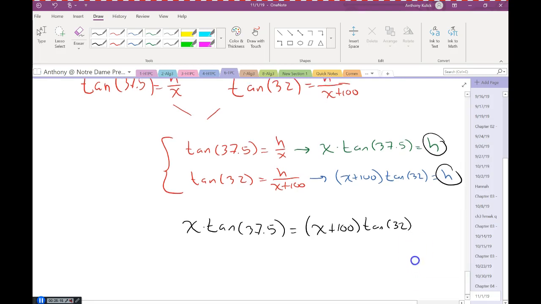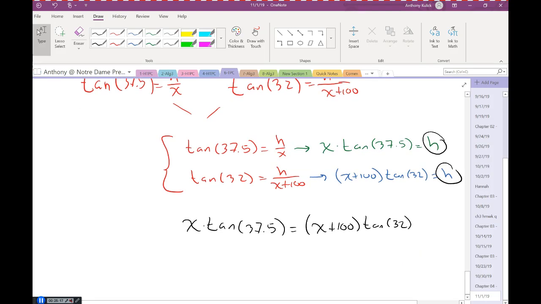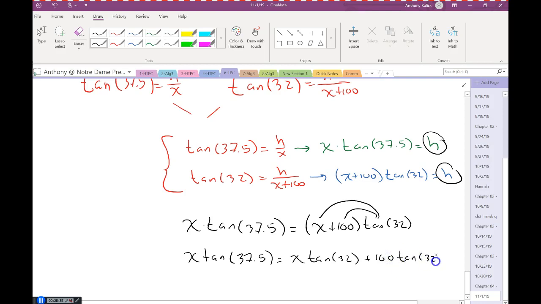Okay. What I need to do now is solve for x. That's going to involve getting the x's onto the same side. So to do that, I would need to distribute on the right-hand side. Everybody's okay there?